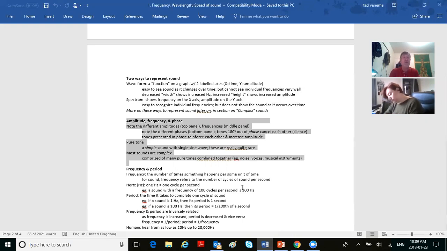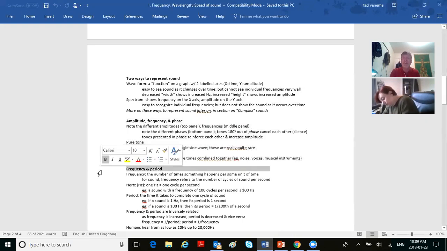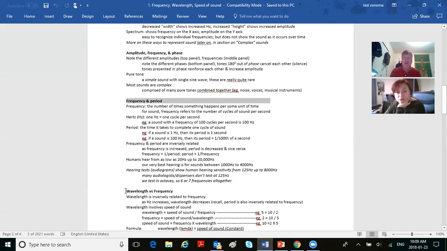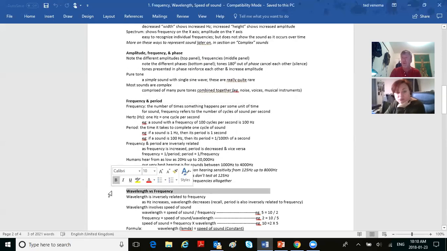And then we covered frequency and period, and we said period is the time it takes to complete one cycle, and they are inversely related. And then we talked about the physical length of the sound, and that too is inversely related to frequency.